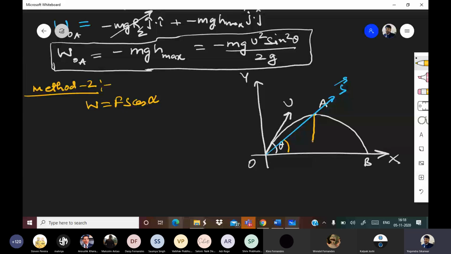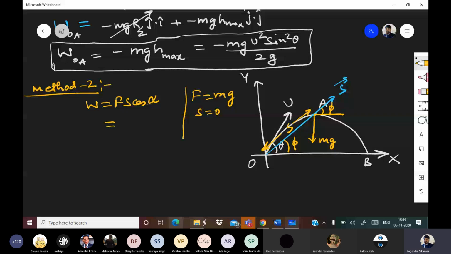F is in this direction because mg is acting downward. If this angle is, let's say, phi, then this will be phi. Your F is nothing but mg. S is this distance, the displacement, so S is equal to OA.